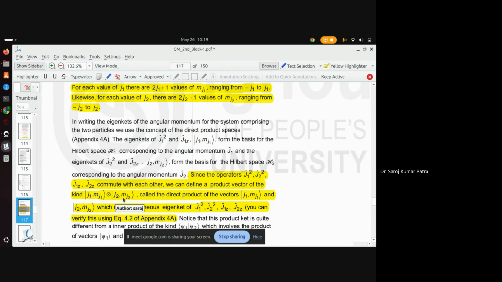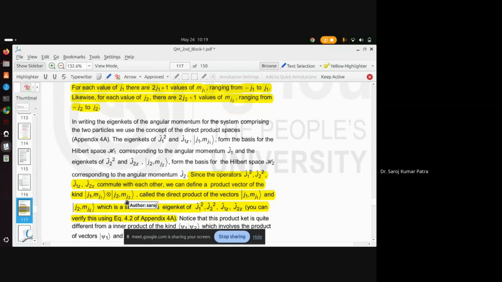So all information, total angular momentum and Z component of total angular momentum of particle 1 and total angular momentum of particle 2 and Z component of particle 2, all information is stored in this state. Okay.